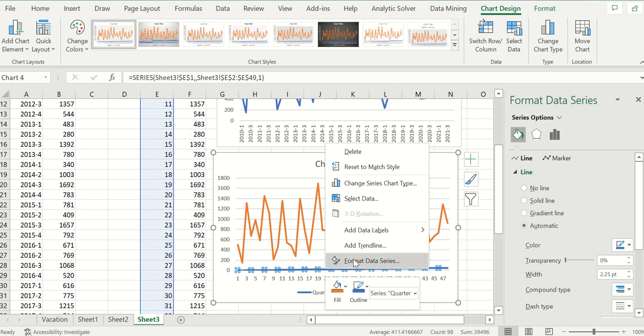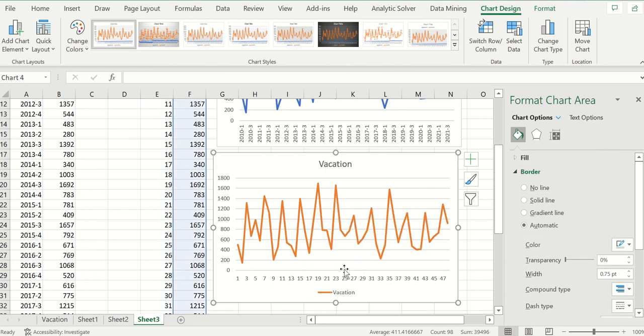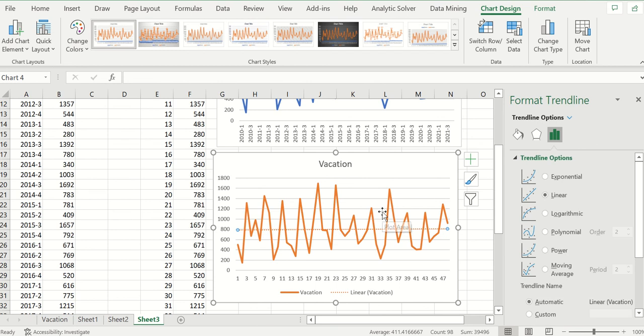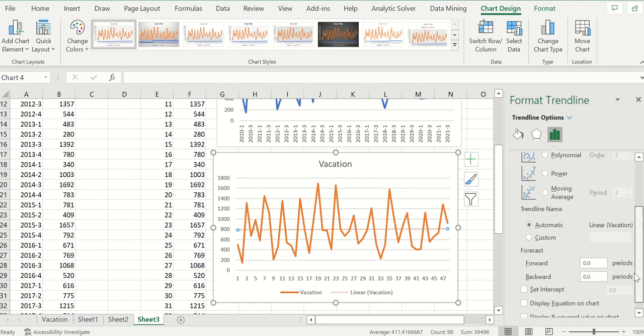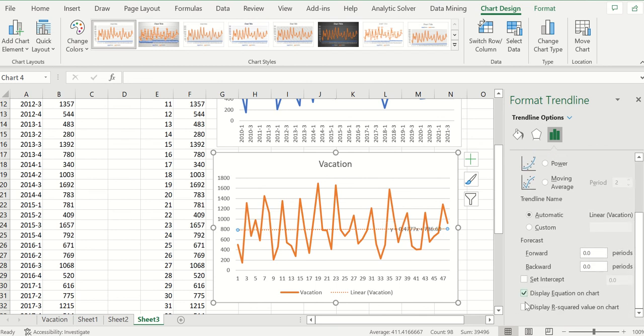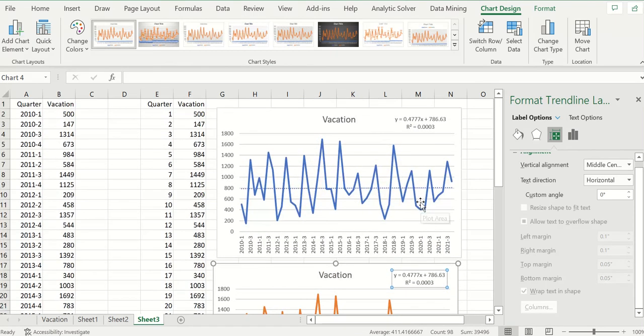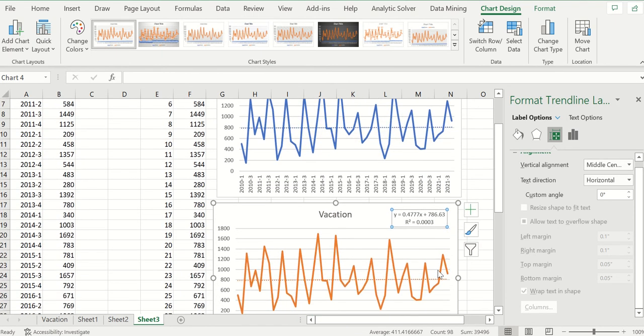I'm going to get rid of that line it threw in on the bottom. Let's add my trend line. I don't expect anything to be different here either. I didn't make any manipulations to my data, so it's just a linear transformation. My R squared is exactly what it was before, and my equation is exactly the same as before.